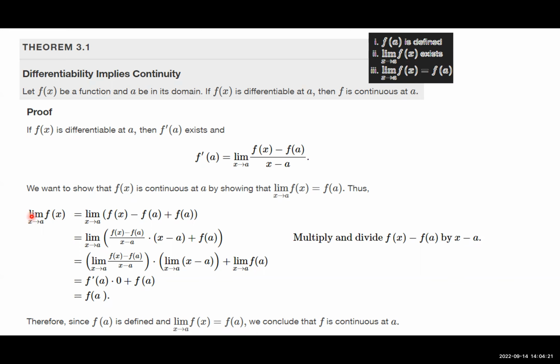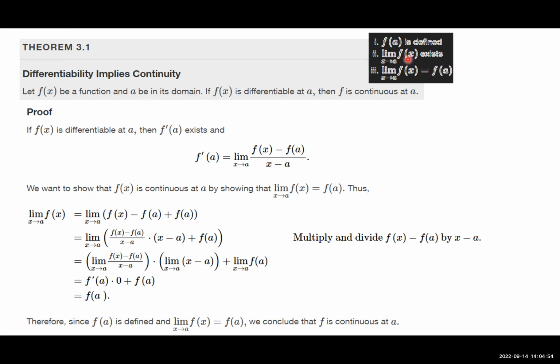And so we're going to go through some steps to not only show that it exists, but at the same time that it is equal to f of a. So number 2 and number 3 are done simultaneously, and the first comes from a given, and the way f of x is defined to begin with, right?